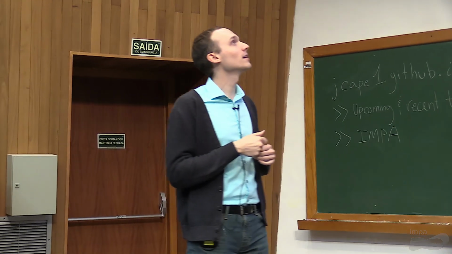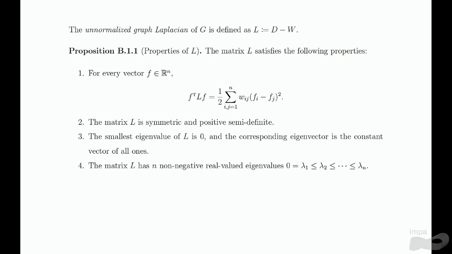By definition, D and W are both symmetric, so by construction, L is symmetric, and now we know that a property of positive semi-definiteness is that when we left and right multiply by vectors, that expression should be non-negative. And now if we look at what we established in bullet 1, that quantity on the right is a sum of a product. Each term in the product is non-negative. The W is non-negative by definition. The square is obviously non-negative, and so this quantity is always non-negative, regardless of the input vector f that you choose. So we've proved part 2.